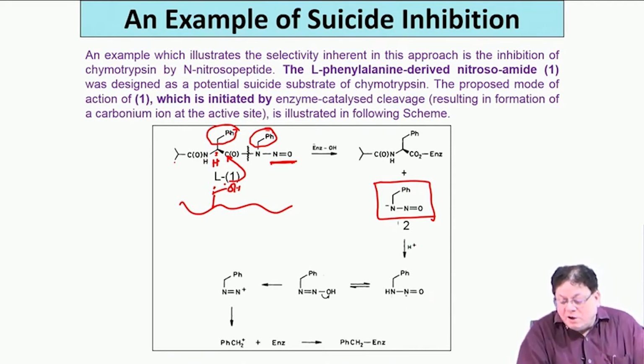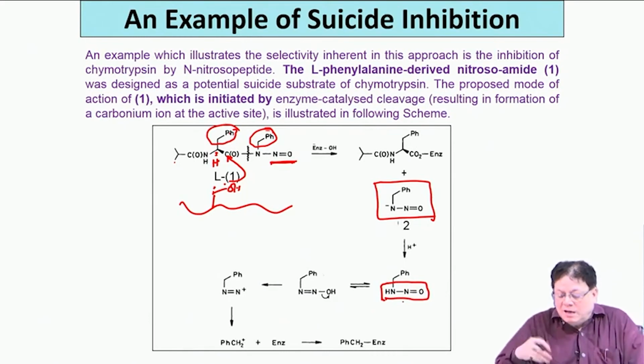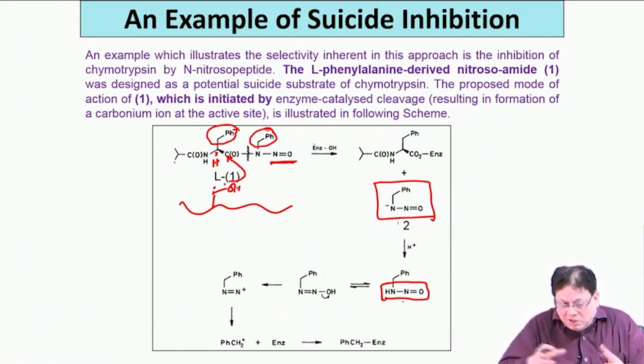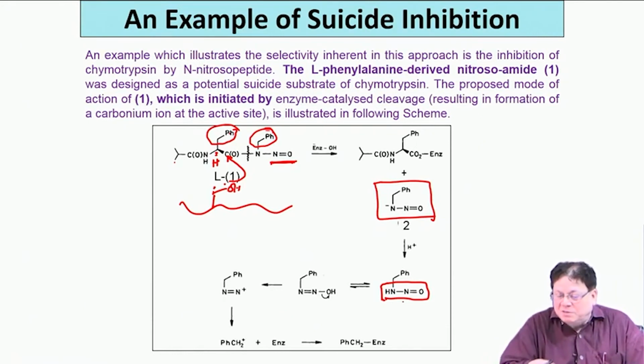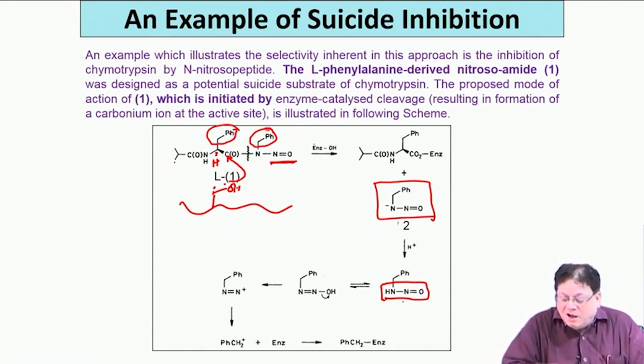So, what you get now is nitroso benzyl amine. Now, this type of functionality, if you have read organic chemistry, because this subject is all about organic chemistry and biology, you see the reactivity of molecules come into play. These N-nitrosoamines are very unstable.